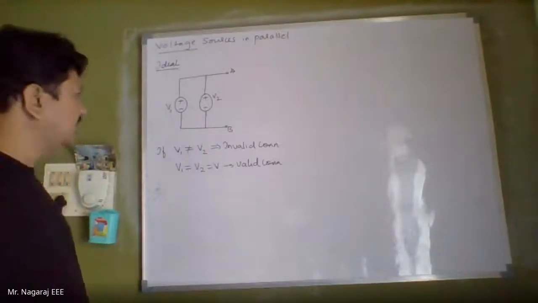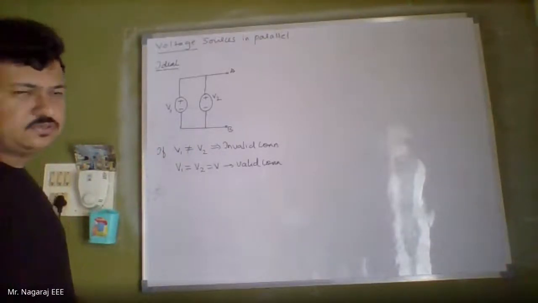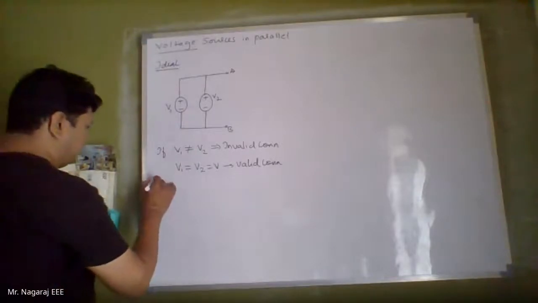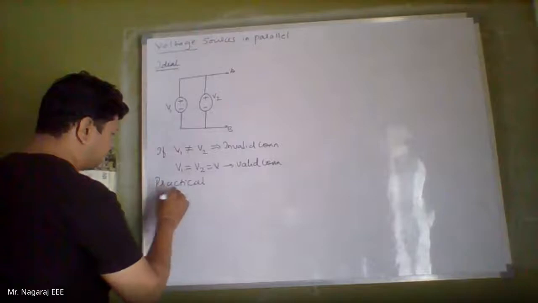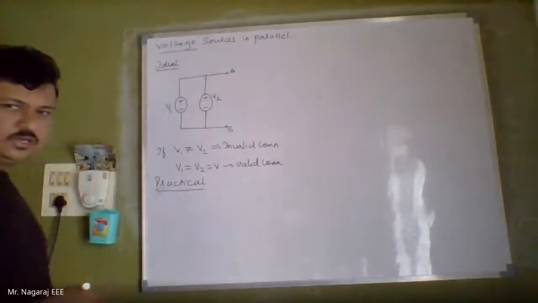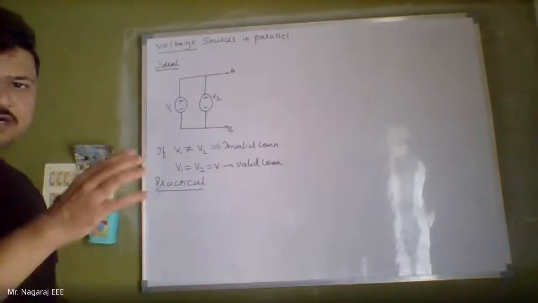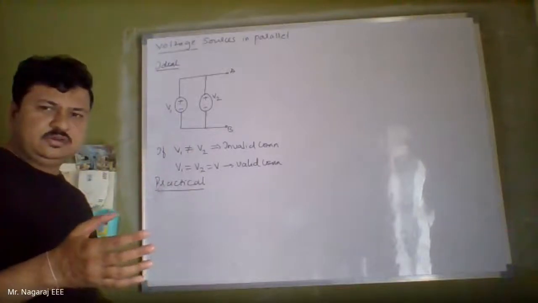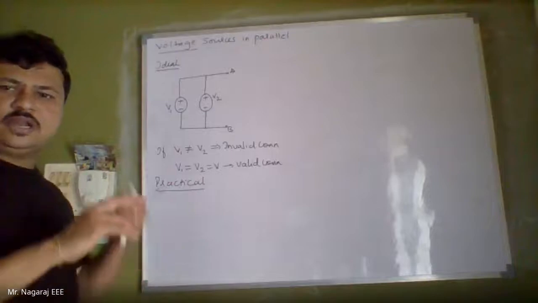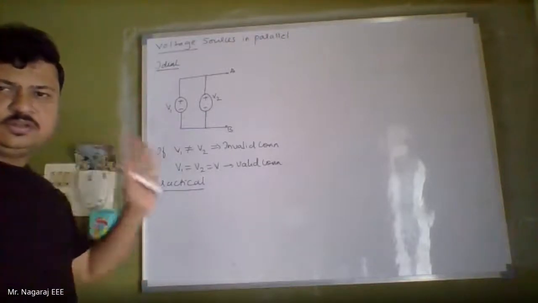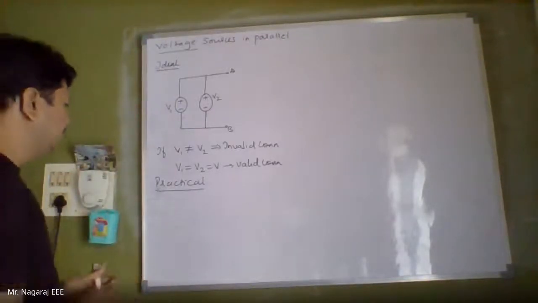Okay, then second case, practical voltage sources. What I did with current source, I converted current source to voltage source. I added two voltage sources in series. Then I converted that back to current source. Same thing I will do in the reverse way. Okay.